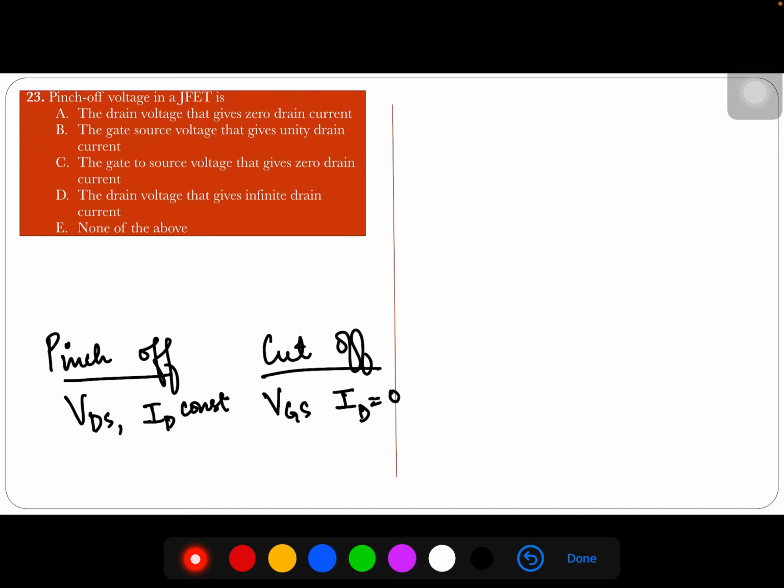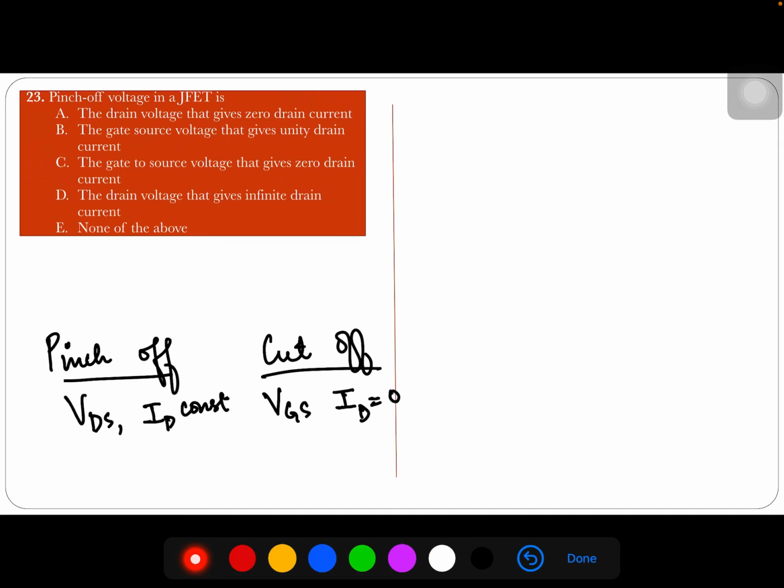The actual thing is that there is a lot of difference between pinch off and cutoff. Both are entirely different. But some of the books consider both of them to be the same, so the same mistake has been made in the question also. I have not changed the question because it has been provided by the university.